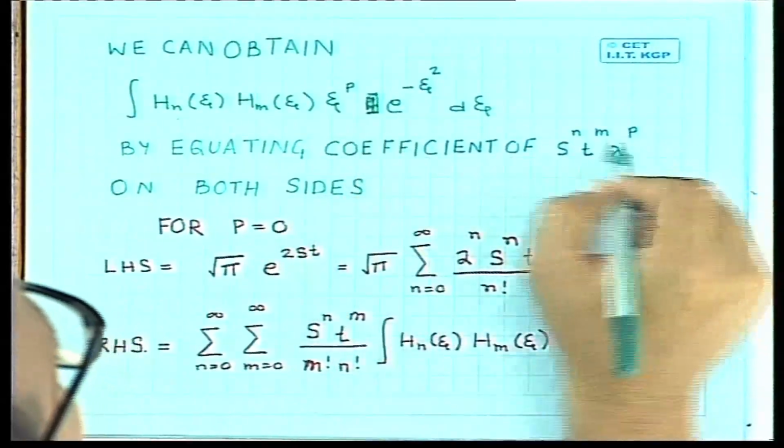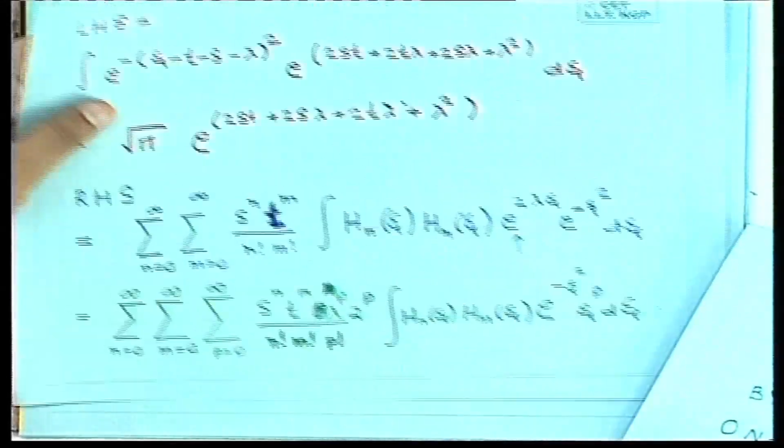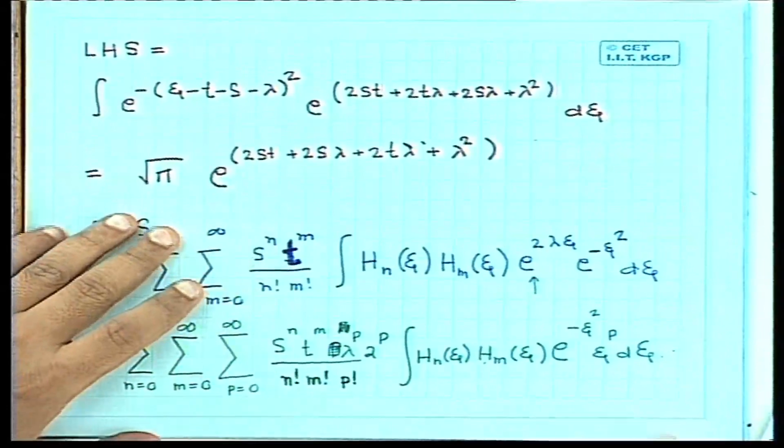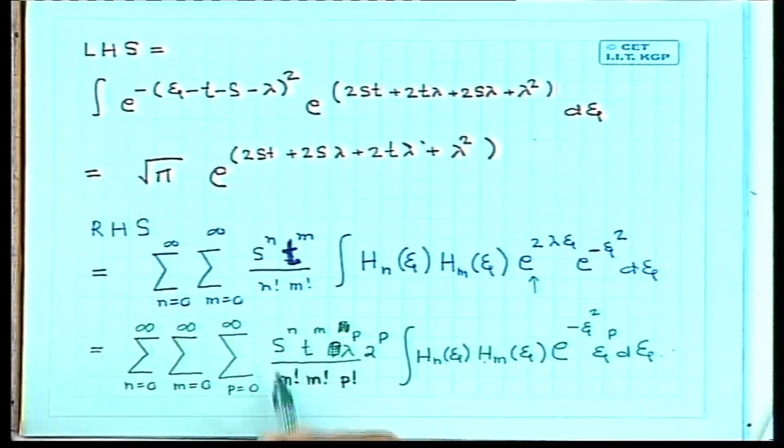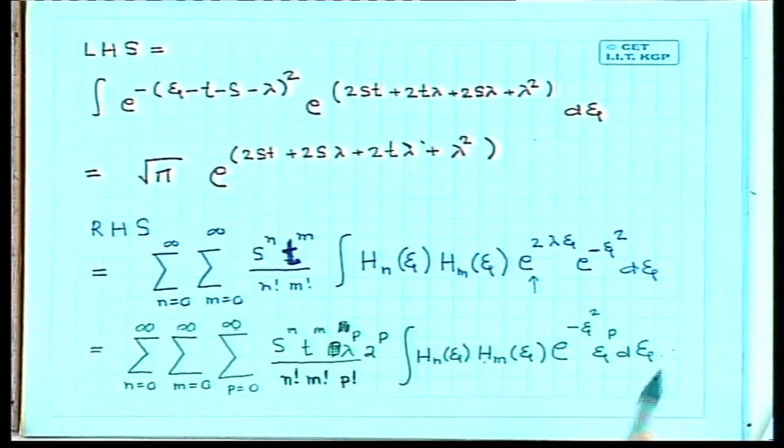So if you equate the coefficients of this term on both sides, the coefficient of s to the power n, t to the power m, lambda to the power p is this integral which we wanted to evaluate on the right hand side.